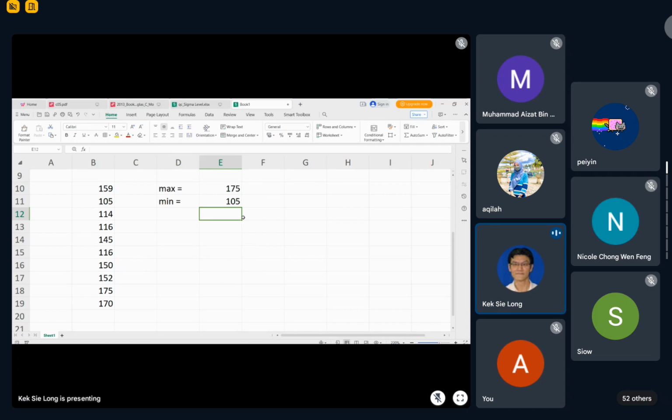So we should consider a value greater than 175, so that the maximum point is still inside the control limit. The same thing for the minimum. We don't want to take the point exactly located at the lower control limit. So we don't want to take 105 as the lower control limit. So we might take 100, right? Okay, now we find the mean.